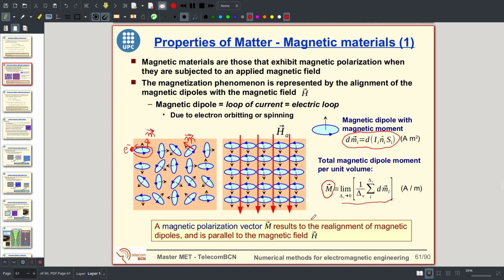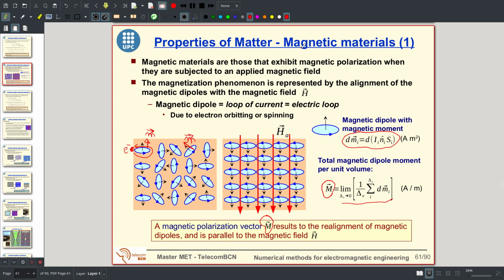So this magnetic polarization vector M, which I repeat is related to the magnetic dipole moment, is due to the alignment of all the electron spins.